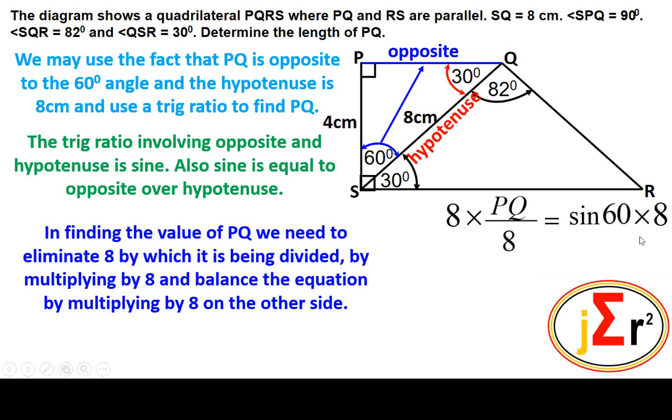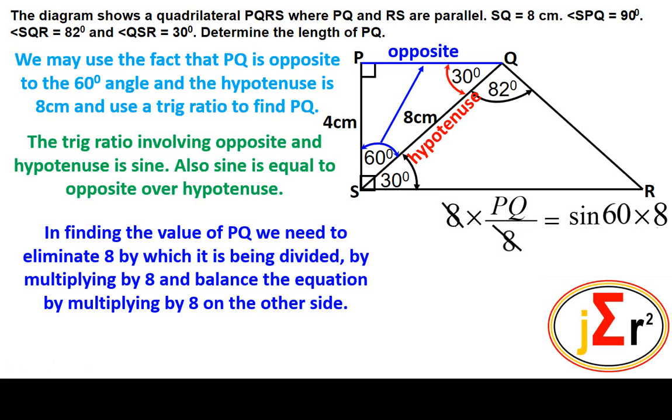Also, whatever we do to an equation to change the value of one side in a particular way, we have to do to change the value of the other side in that same way. Therefore, if we multiply by 8 on the left hand side, we also need to multiply by 8 on the right hand side. Multiply by 8 in eliminating the 8 that we are dividing by on the left hand side. Multiply by 8 in order to balance the equation.